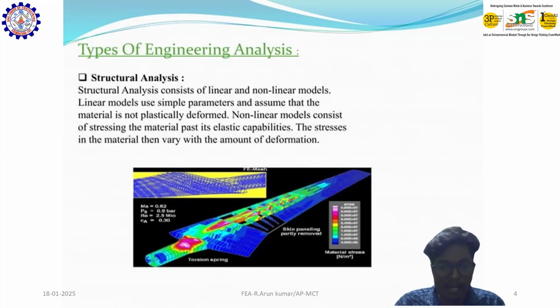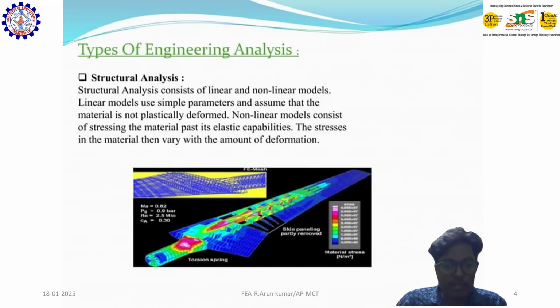A non-linear model stresses the material past its elastic capability, and the stresses in the material then vary with the amount of deformation. Plastic deformation means the material does not retain its original position. After plastic deformation, the material does not return to its original shape.